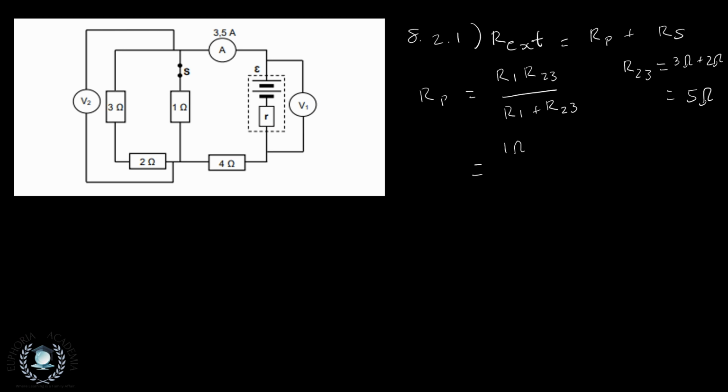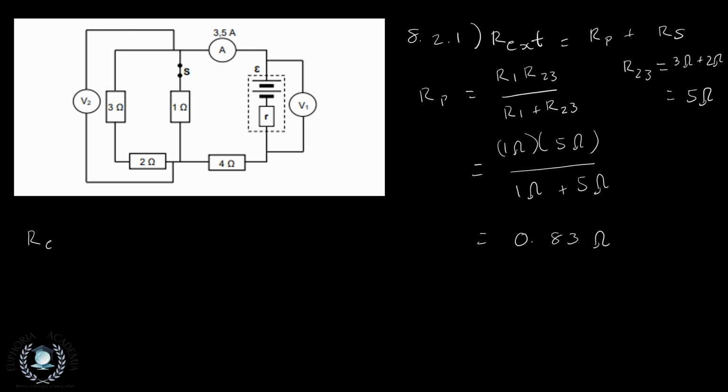We have 1 ohm, that will be multiplied by 5 ohms, and at the bottom there we have 1 ohm plus our 5 ohm. Now our resistance through this parallel circuit is equal to 0.83 ohms, but that's not our total external resistance.